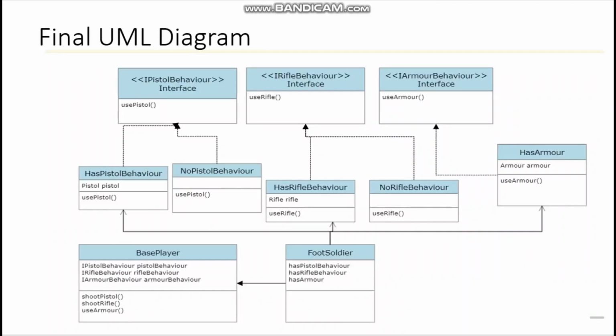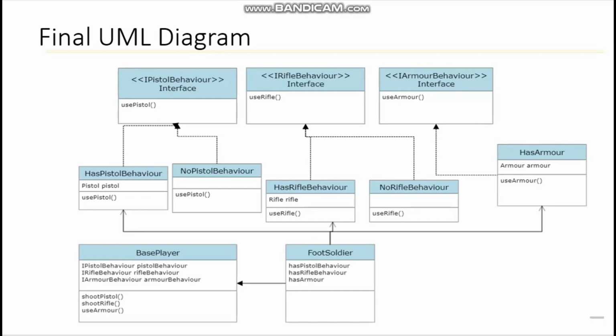Okay, so that's it, guys. That's gonna summarize our strategy pattern. Okay, so you can have a look over the final UML diagram over here. Like I explained before, the way to describe strategy pattern is we just take out the behaviors that are changing between the subclasses and we simply turn them into interfaces.